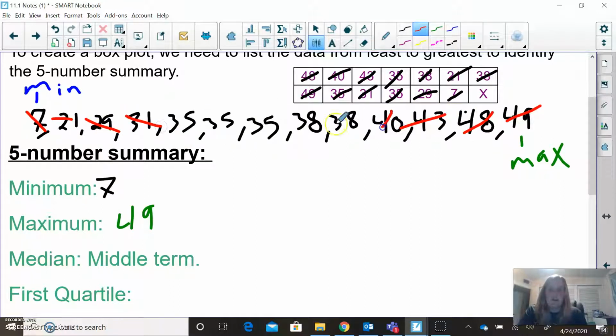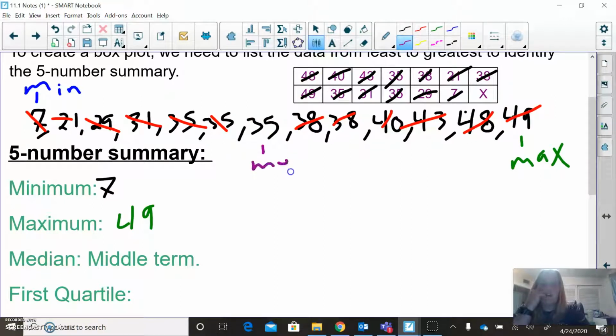You're just going to keep going back and forth. On the left-hand side, we've got 6 numbers crossed out: 1, 2, 3, 4, 5, 6. We should have the same amount of numbers over here: 1, 2, 3, 4, 5, 6. So our median is 35.